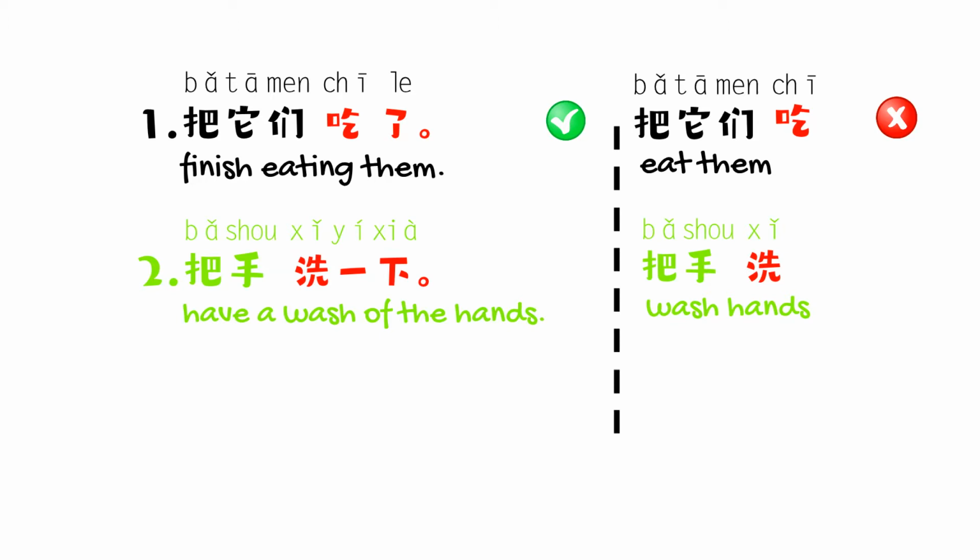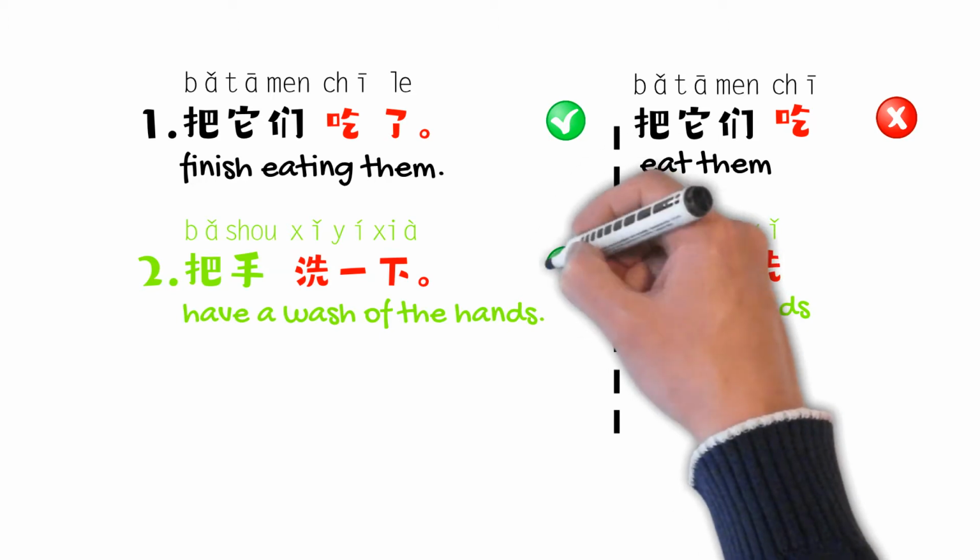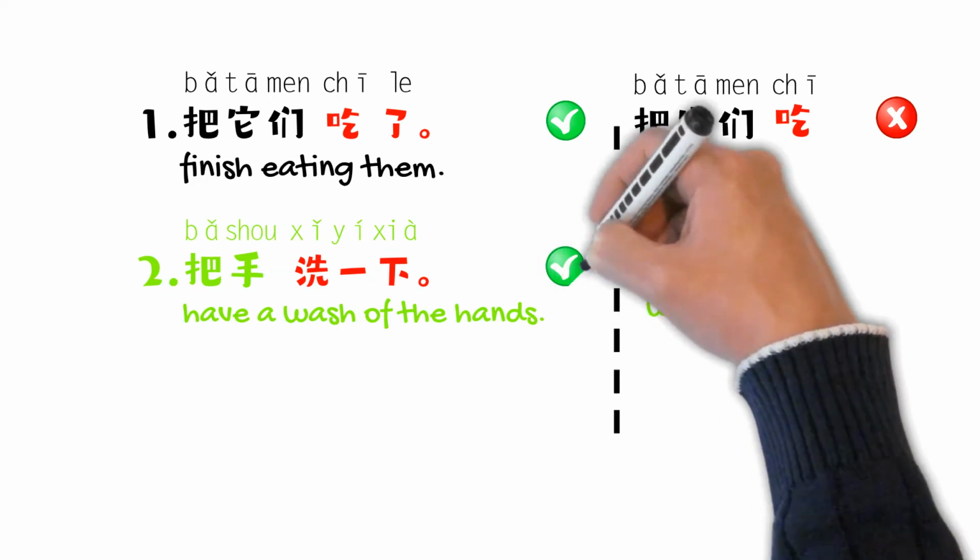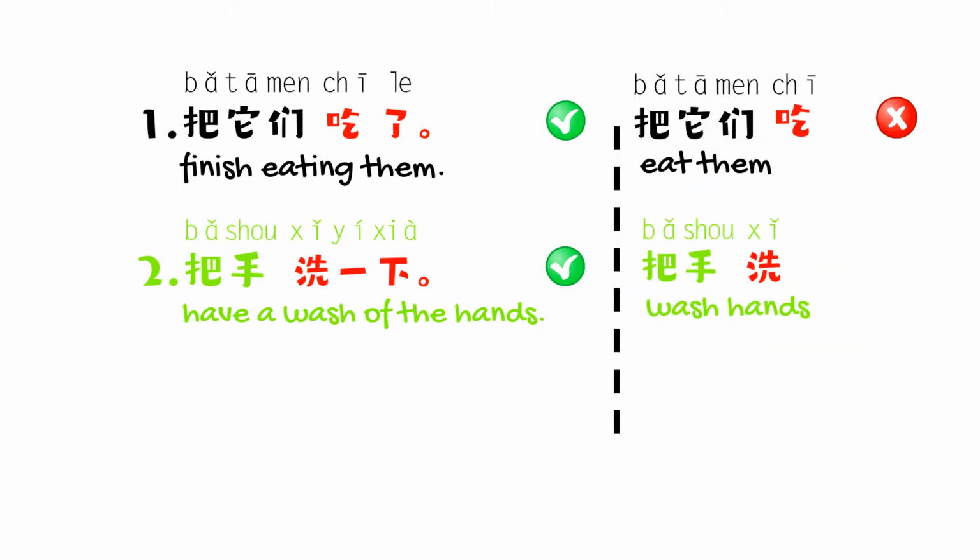So this is the change. But the second sentence is only 洗, only wash, only action. There's no change in this sentence. So the first sentence we use in our daily life, and the second sentence 把手洗 does not exist.